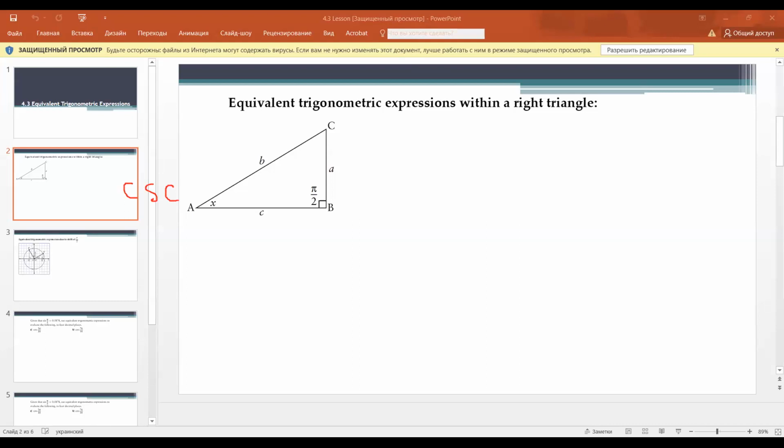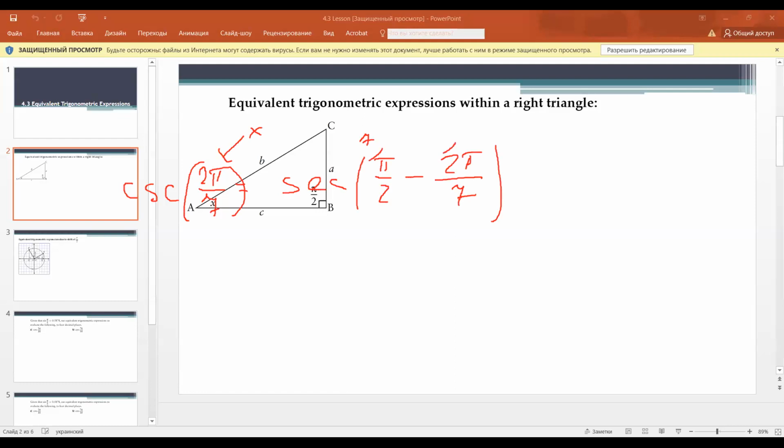Okay, thank you. So cosecant of 2 pi over 7 equals secant of pi over 2 minus this angle, which we call x, minus 2 pi over 7. In order to calculate this in radians, this part I multiply by 7, this part I multiply by 2, in order to bring to a common denominator.